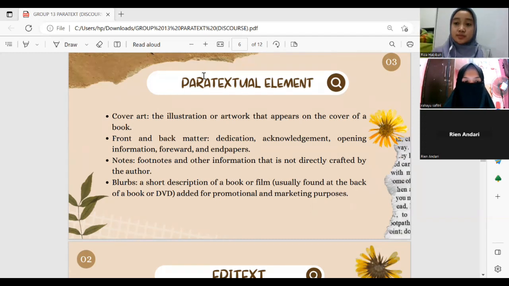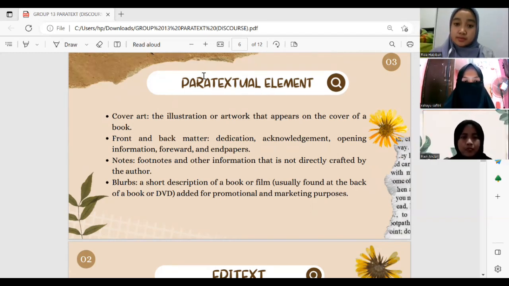First, cover art is the illustration or artwork that appears on the cover of a book. Second, front and back matter are the dedication, acknowledgement, opening information, foreword, and endpapers. Third, notes are footnotes and other information that is not directly crafted by the author.